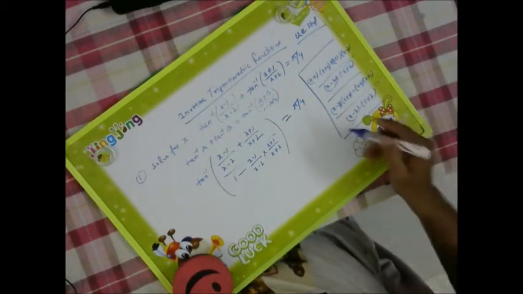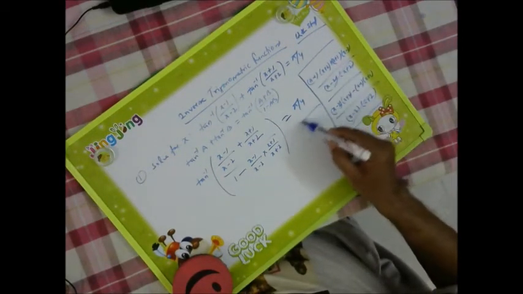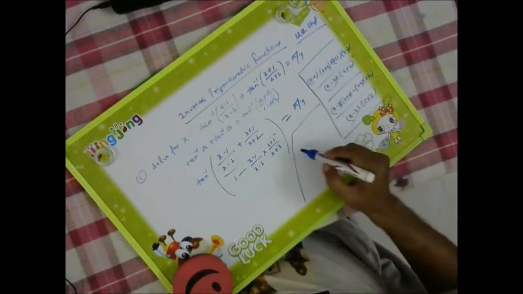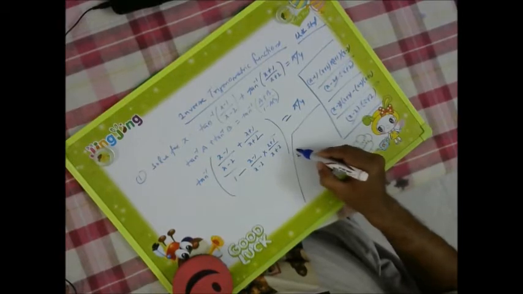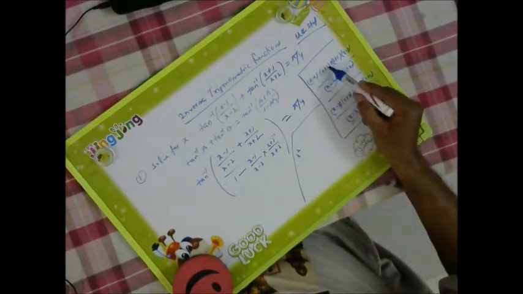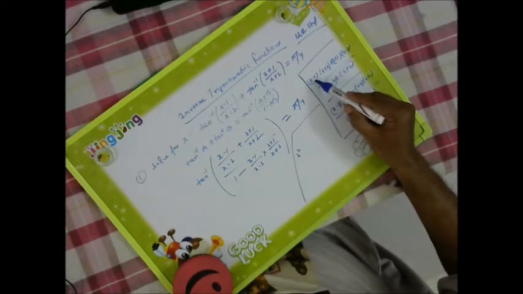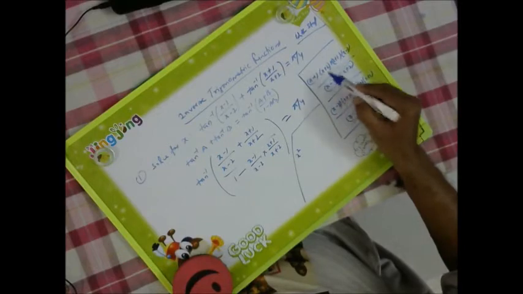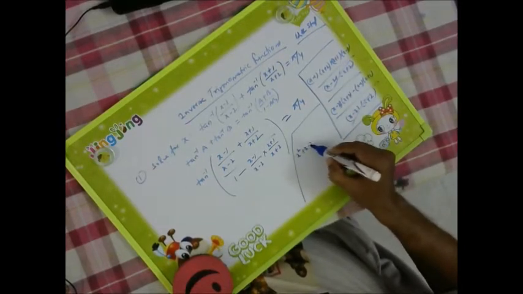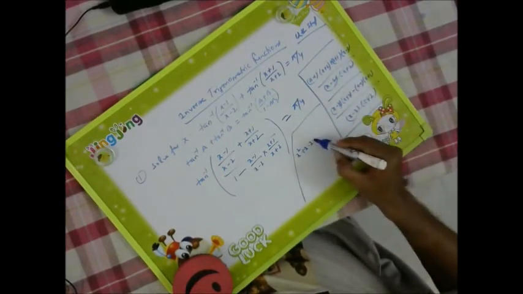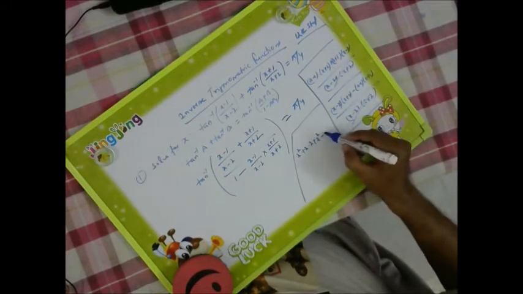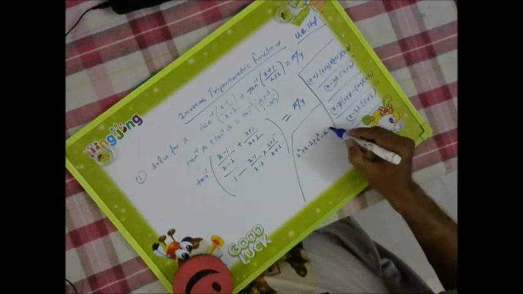Further, solving: (x minus 1) into (x plus 2) gives x square minus x plus 2x, which is plus x, and minus 2. Here we get plus x square, then plus x minus 2x, which gives minus x, and then minus 2.